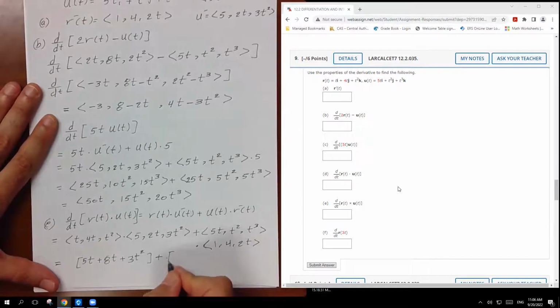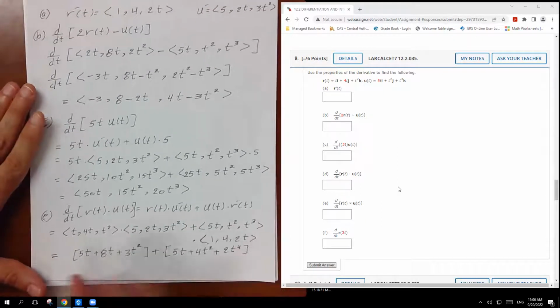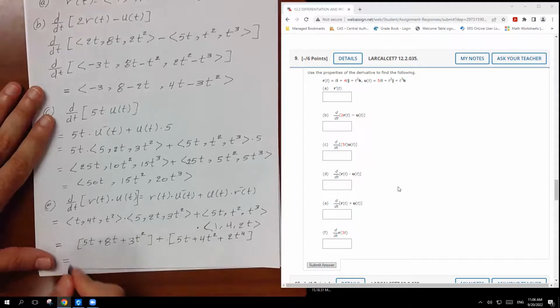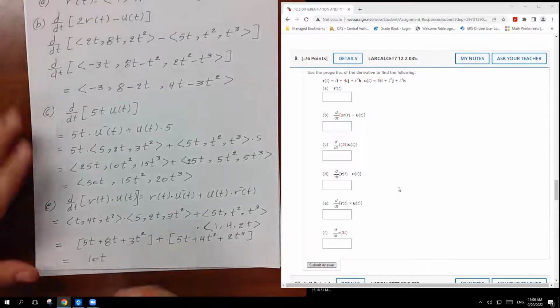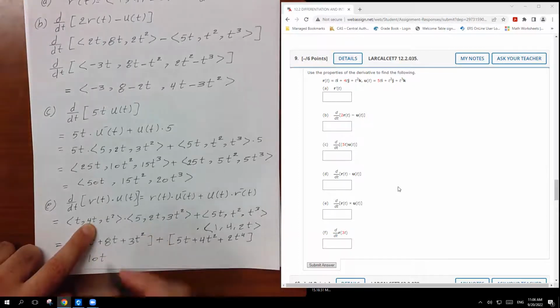Plus, we're going to add the second part, which is 5t plus 4t squared plus 2t to the power 4. Now we're just going to add these together. 5t and 5t is going to be 10t. There's something wrong here. Multiplying this one times this one, this is squared.